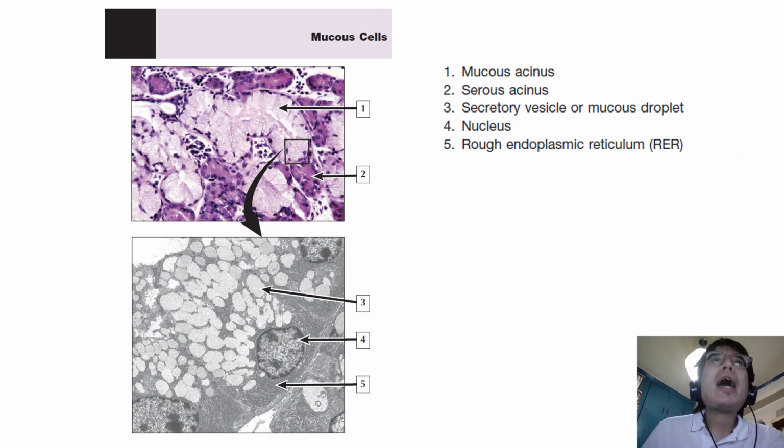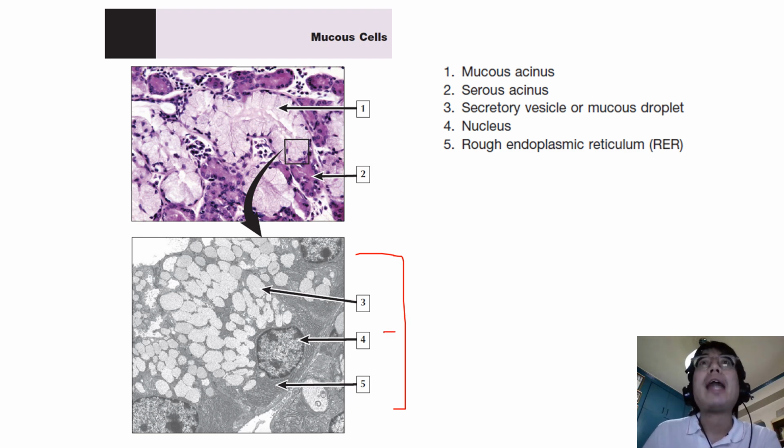We now look at an example of mucocells. This is a light micrograph of a seromucous gland in the trachea and the corresponding electromicrograph of a mucus acinus in a mixed salivary gland. Dissecting the different labeled parts here, this is a mucus acinus labeled as number 1, and here more violet in color is a serous acinus.